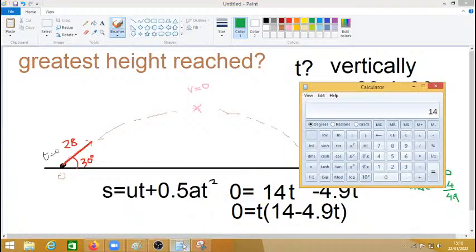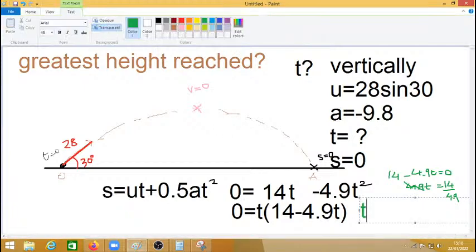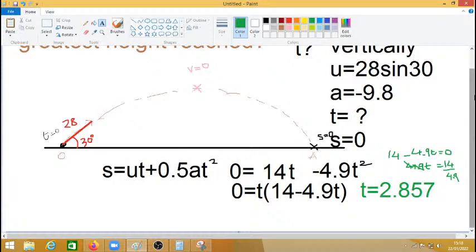So let's type that in. 14 divided by 4.9, and that's 2.857. So the time it would take is 2.857. Let me just check that I haven't made a mistake there. Nope, that looks good. We're going to need to use that exact number, so I'm just going to keep that in the corner there.